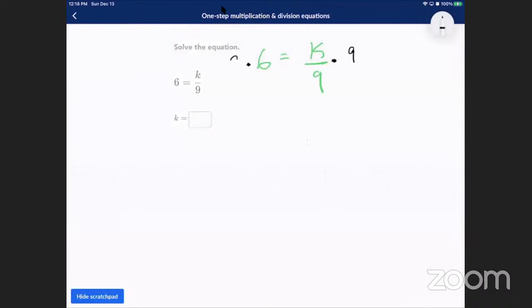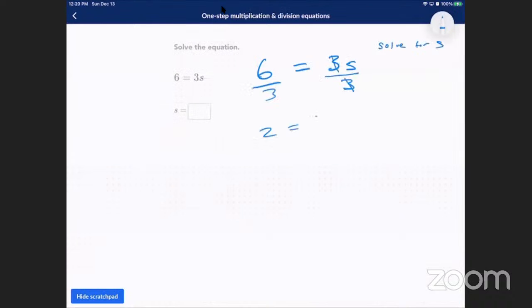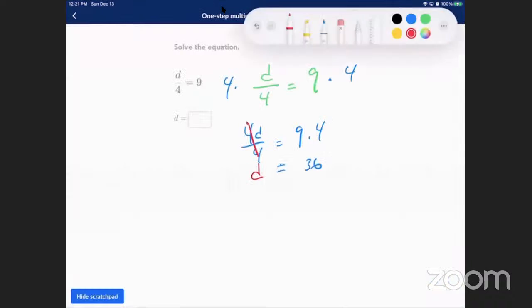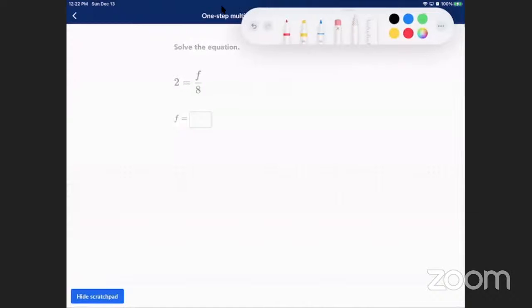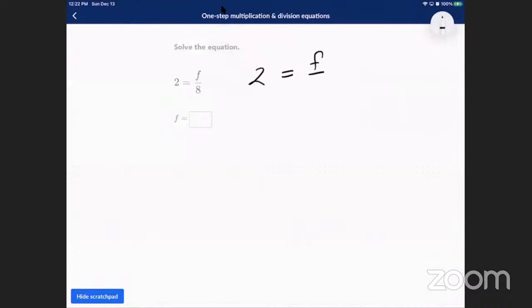All right, so we're going to move to the next one where we have 2 equals f over 8. What we do here is that we take this f over 8 and we put 8 on this side and 8 on this side.